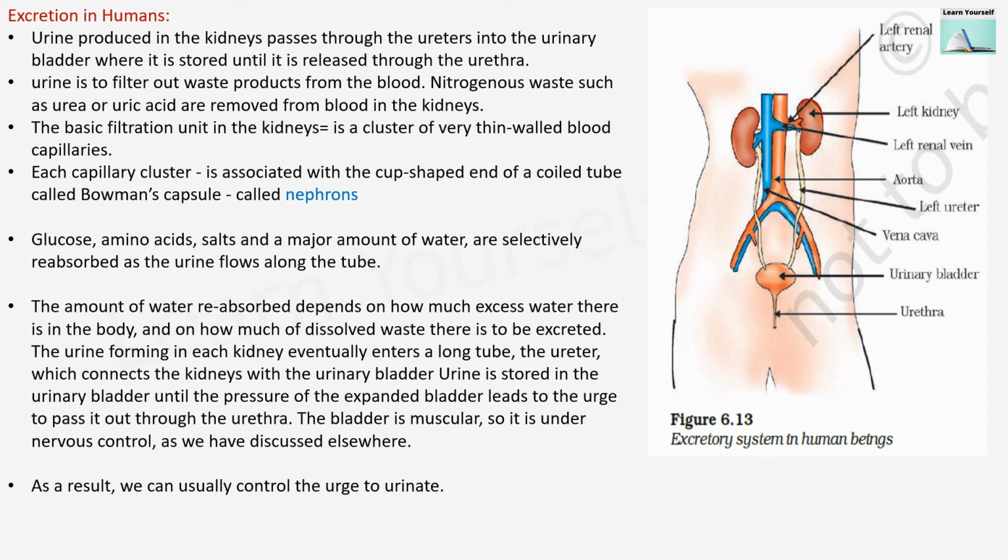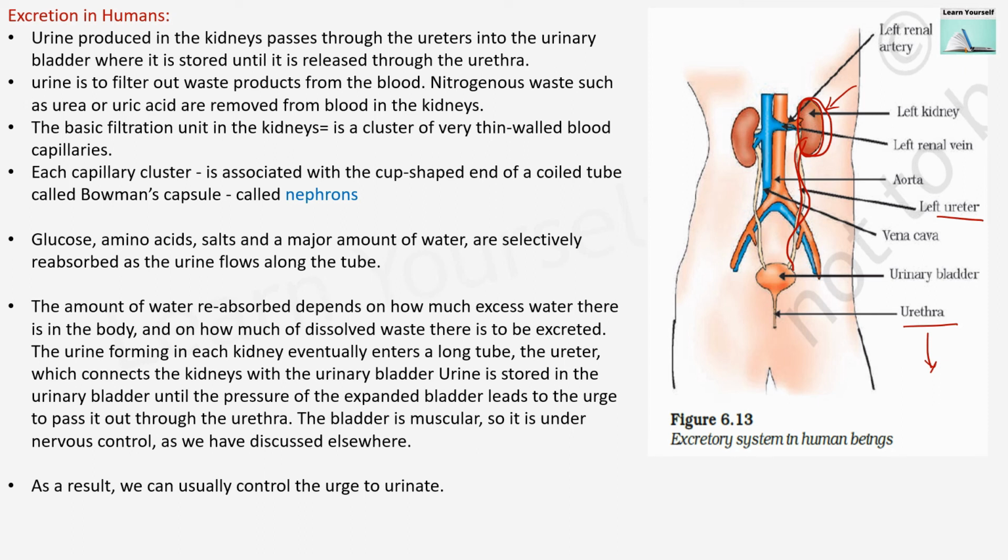Now the kidneys will filter the blood and they will pass the impure material, uric acid, which will pass through the ureter and come to the urinary bladder, and from the urethra it will go out of the body. So the function of the kidney is to purify the blood, and they will collect the impure material from the blood, which will go from ureter to urinary bladder, and from urethra it will go out.